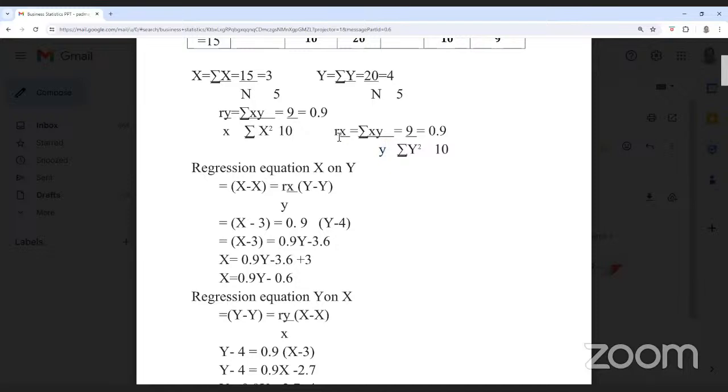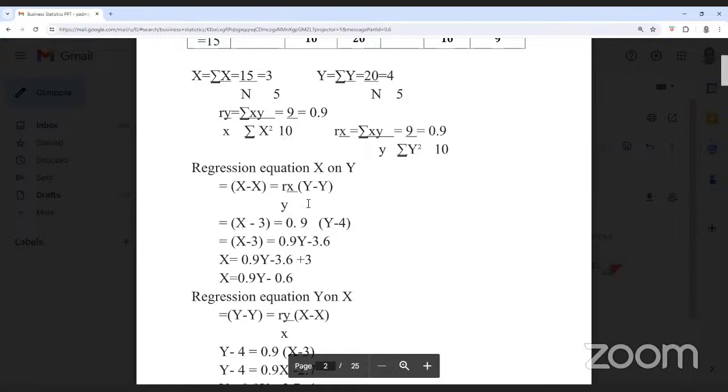Yes, ma'am. rx divided by y. This one is standard rx by y. That should be taken as sigma xy divided by sigma y square. That is x on y. X should become up. When it comes to y, y should come up.